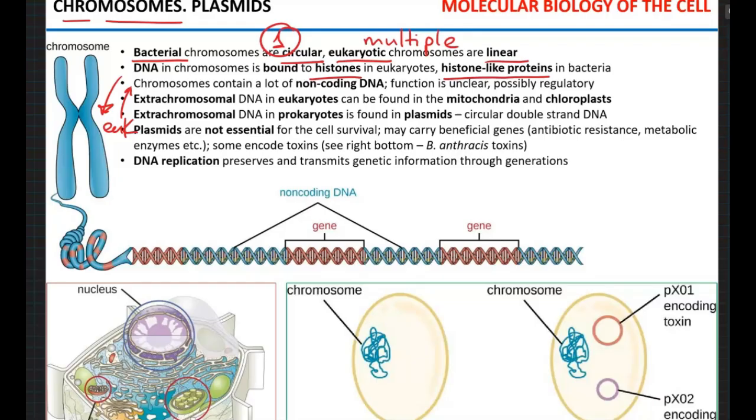Now, both eukaryotic and prokaryotic cells can contain extrachromosomal DNA that is not a part of the genome. In eukaryotes, it's the DNA in mitochondria and chloroplasts. We talked about it before. In prokaryotes, the DNA is found in plasmids.